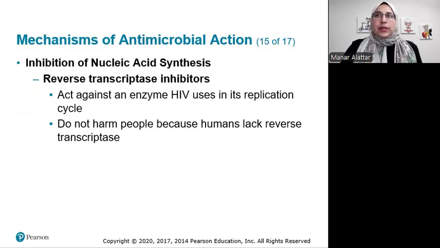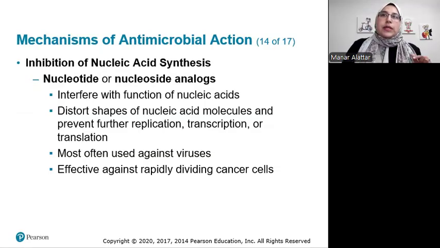Then you have some nucleic acid inhibitors. Some of these are particularly important as antivirals. In particular, there are nucleotide or nucleoside analogs, which mimic nucleotides but are made to be non-functional.